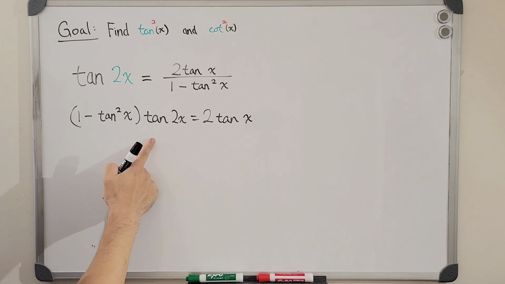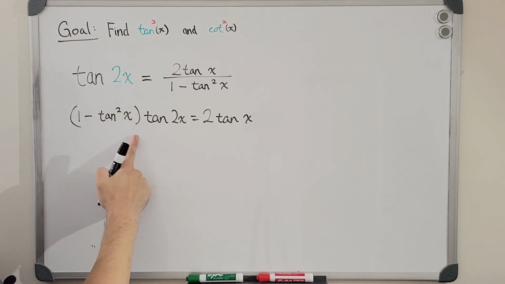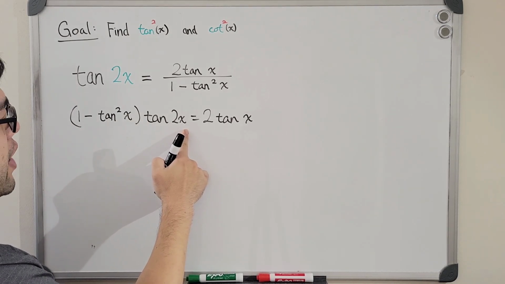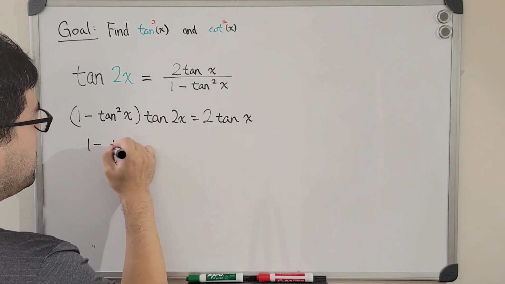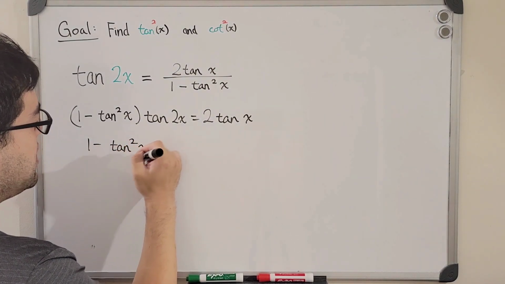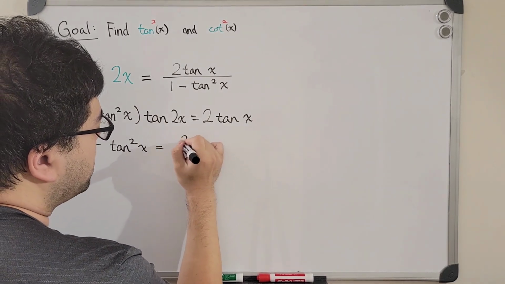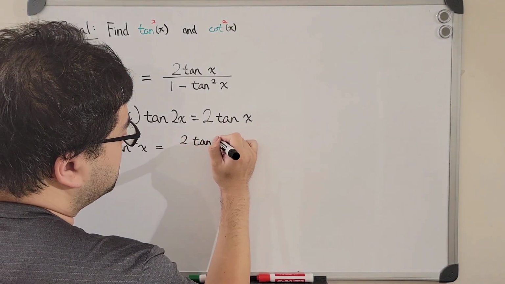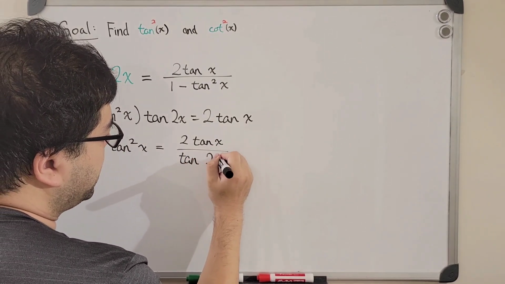In order to isolate the tangent² of x, we can divide by tangent of 2x on both sides, such that we only have 1 minus tangent² of x remaining on the left hand side, where the right hand side will now become 2 times tangent of x over tangent of 2x.